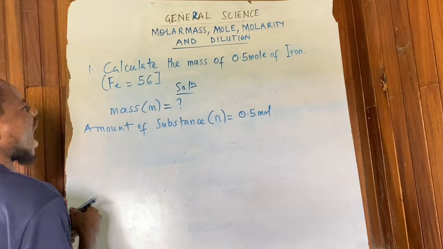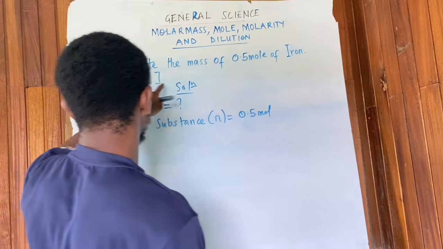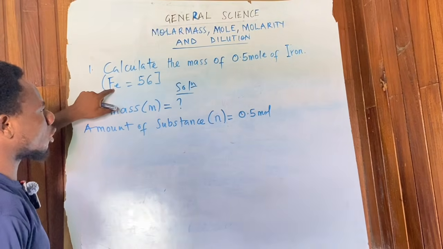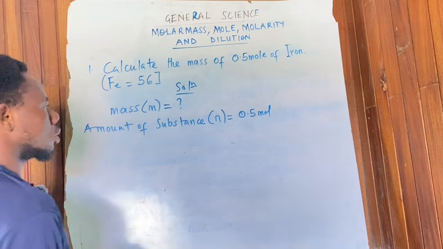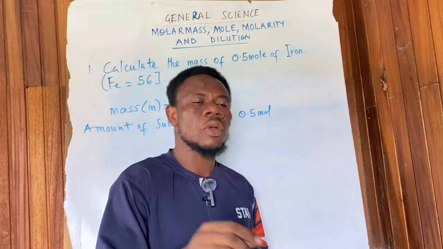Then of iron, you have been given the atomic mass of iron. This means you have to calculate the molar mass of iron.